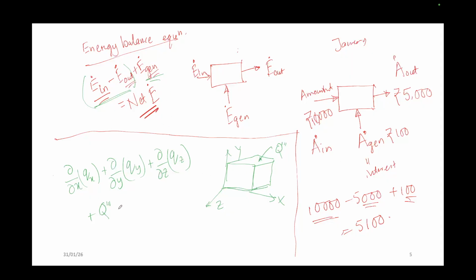So this net energy, what has been found out, is proportional to rho Cp, minus del P del T. So this is the equation we are getting, right?